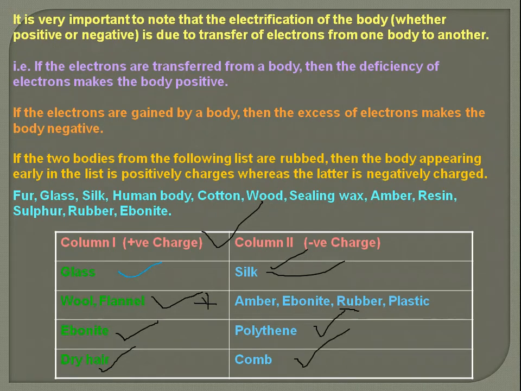When you rub dry hair with the comb, your hair's electrons will be taken by the comb, so the comb becomes negatively charged and your hair becomes positively charged. So when you bring the comb to your hair, the hair is attracted toward the comb. I hope all these things are very clear to you.